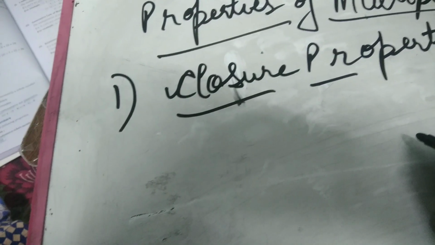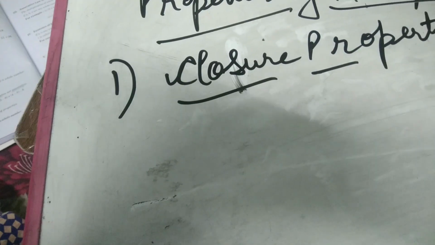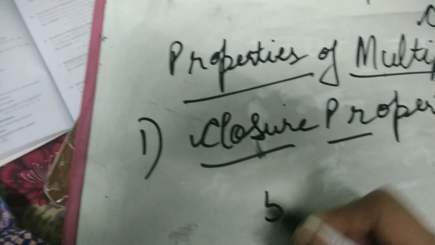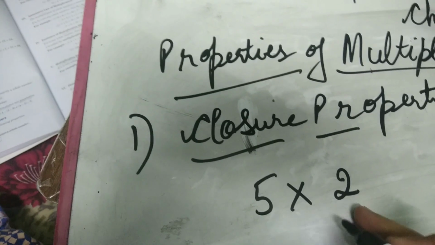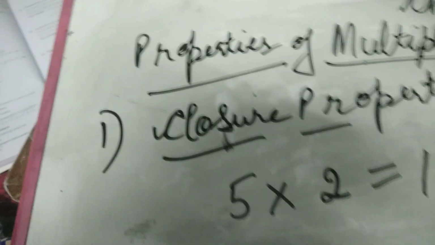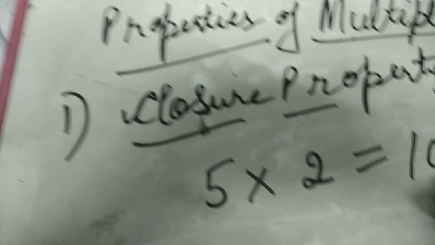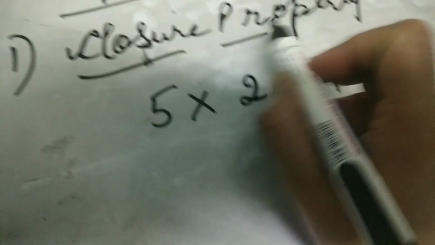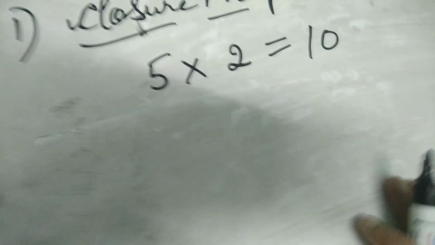The product of 2 whole numbers is always a whole number. Let's take an example, for example, 5 and 2. These 2 are whole numbers. 5 is a whole number, 2 is a whole number, and the answer we get is also a whole number. So this is the closure property of multiplication.